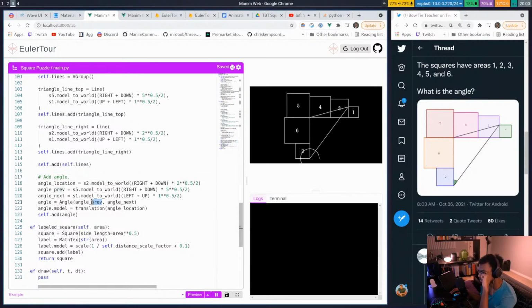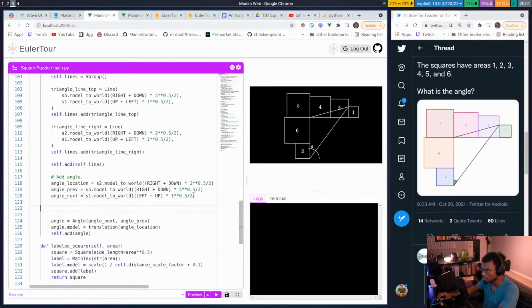Could that be it? Let me see what happens if I do this. Actually, even that's wrong. So that's a problem. And also the location of the theta doesn't make sense. Okay, I have to see what points these are. D equals dot.